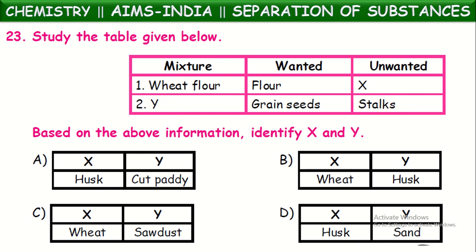And they mentioned one more mixture here. From that, grain seeds are needed and stalks are separated. So what might be that mixture? It's paddy or cut paddy, isn't it? So X will be the unwanted husk, and Y, the mixture of these two, will be cut paddy. So here it is the correct answer.